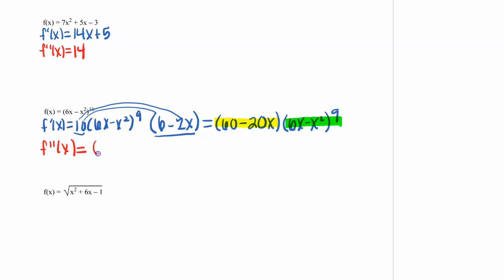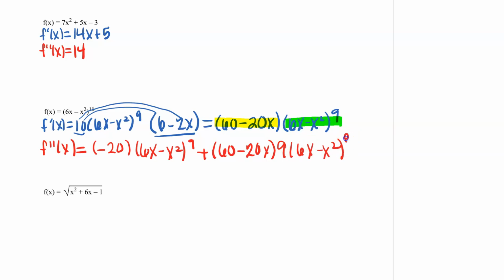So the derivative of the first would be negative 20 times the second, 6x minus x squared to the 9th, plus the first, 60 minus 20x times the derivative of the second, which the derivative of the second would be 9 times 6x minus x squared to the 8th times the inside, which is 6 minus 2x.